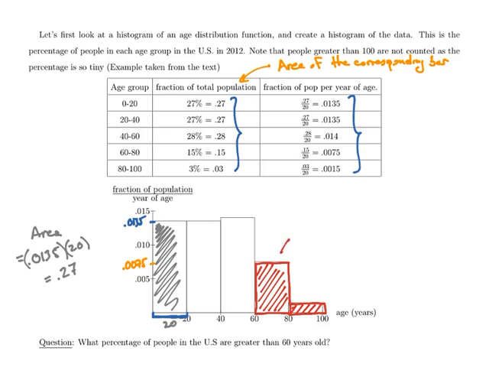The areas are 0.15 and 0.03. We get those values from the table, or we could just do what we did before, 0.0015 times 20 to get the 0.03, and so forth. So what percentage of people in the US are greater than 60 years old? It's 0.15 plus 0.03, 0.18, so that means 18%.